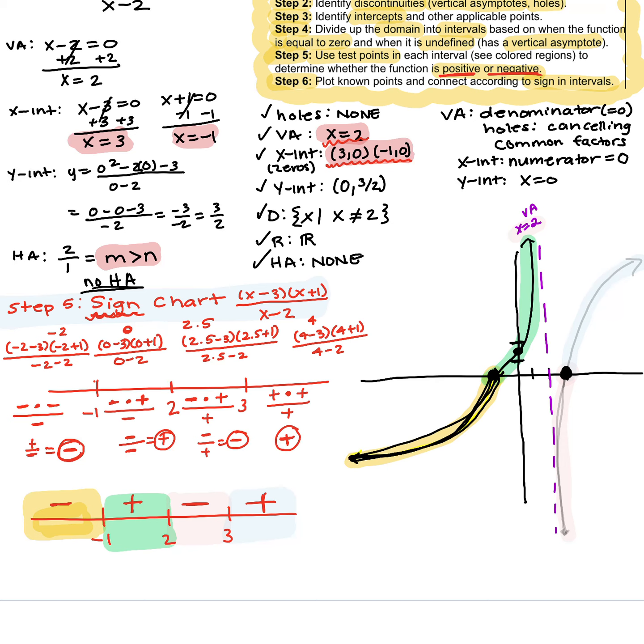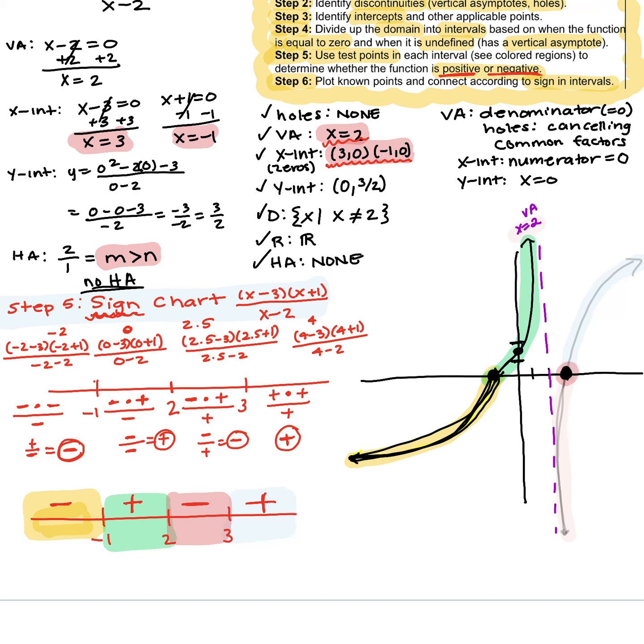Now, do notice that I do make it approach the vertical asymptote because it's not going to touch it. It's just going to infinitely approach it. So therefore, it looks something like that. And now, anything between 2 and 3 has to be negative, right? So I'm going to go to the 3 because that's my x-intercept right there.